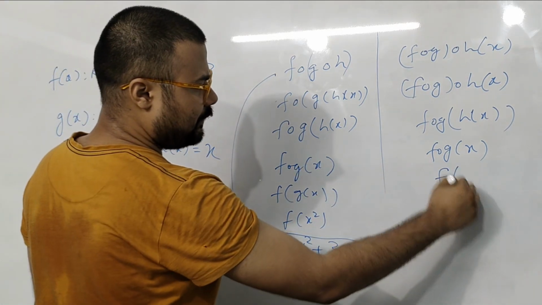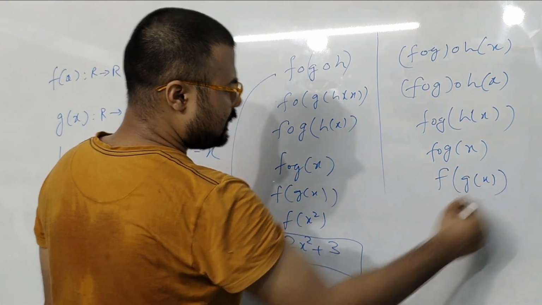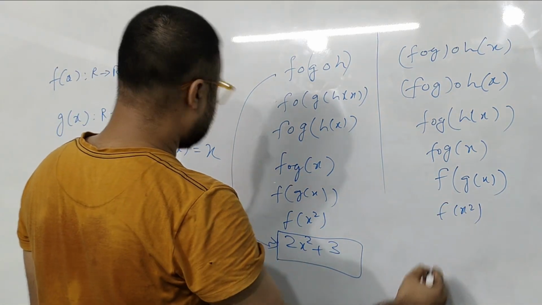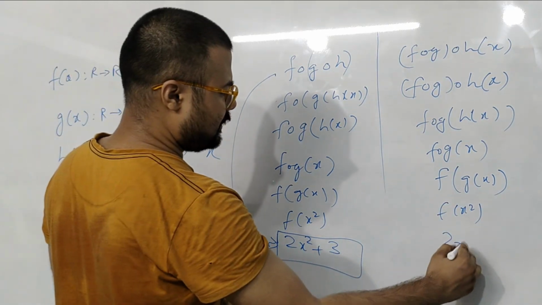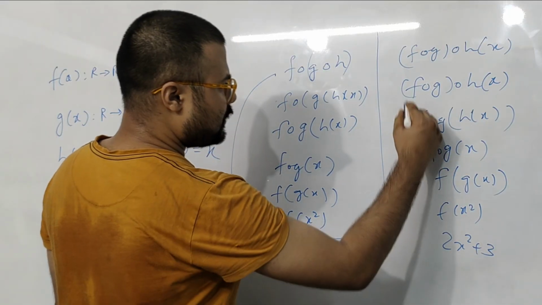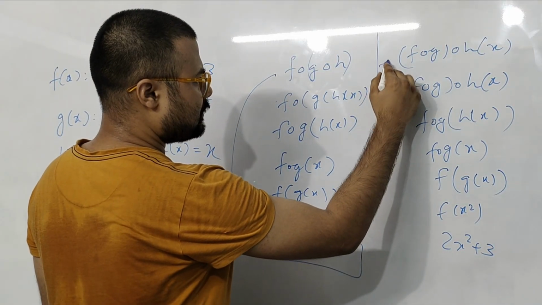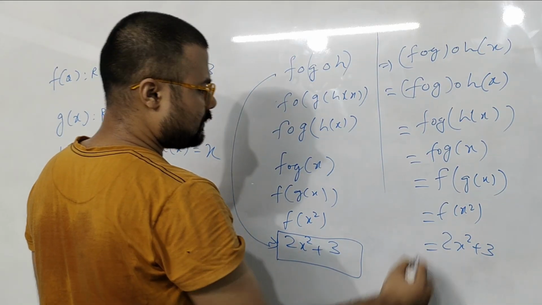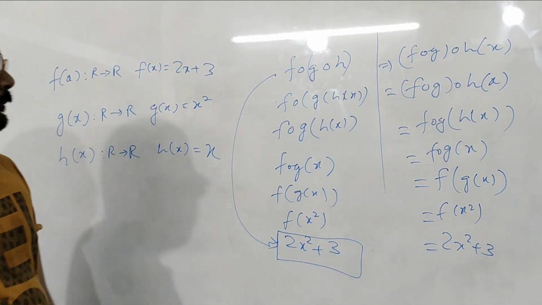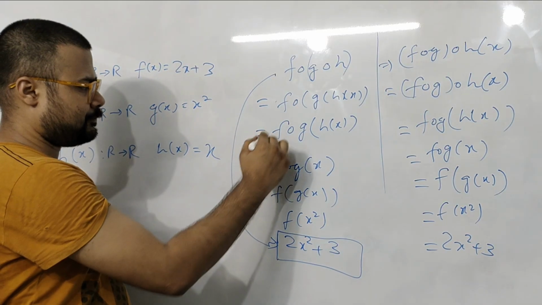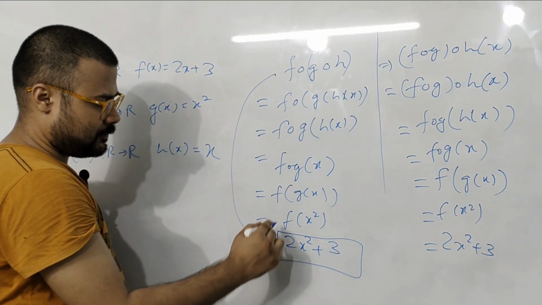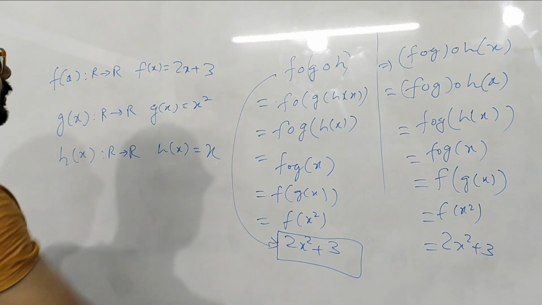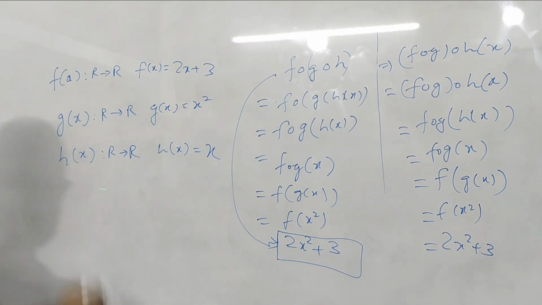Now this is equal to f of g of x, which is f of x square, and this is equal to 2x square plus 3. So associativity holds.